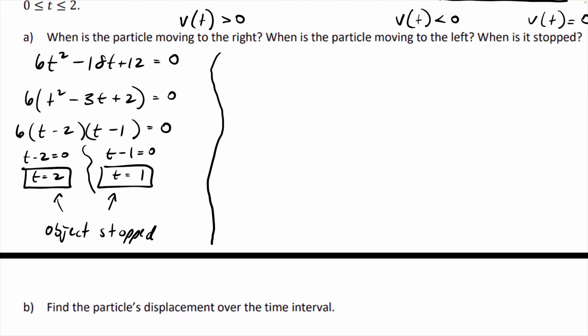Now, what do we use to determine when it's positive and when it's negative? You did this many, many times last semester. I think we've done it a couple times this semester. What do we use to determine when velocity is positive and when velocity is negative?